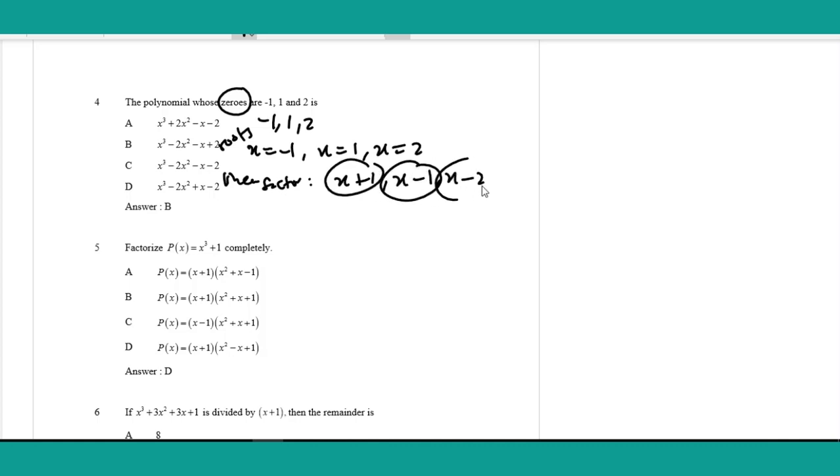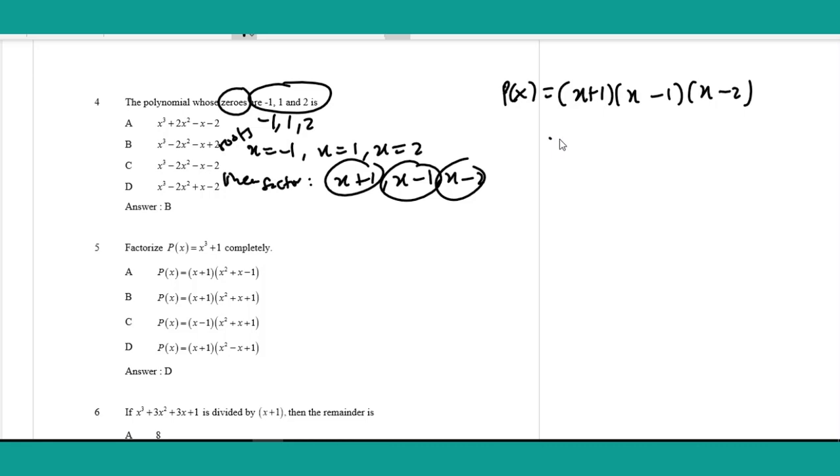Take these as three brackets. So let's say the polynomial p(x) is x plus 1, x minus 1, x minus 2. These are the three linear factors. We take the zeros, change to roots, and find the linear factors.